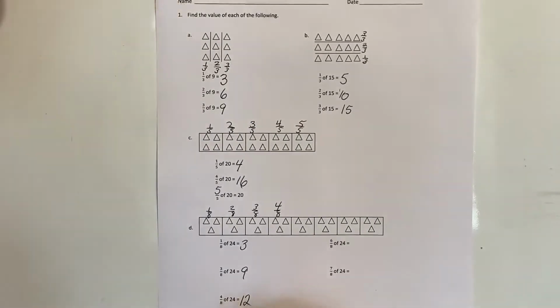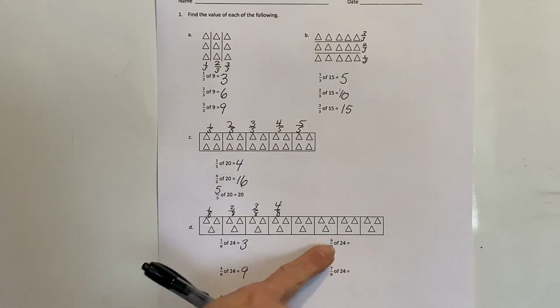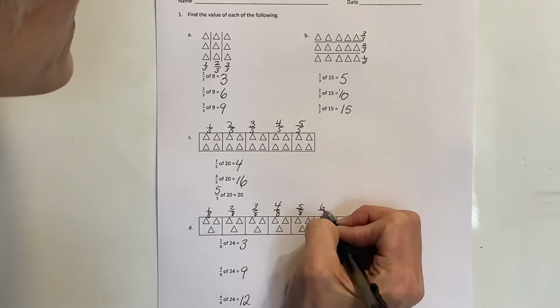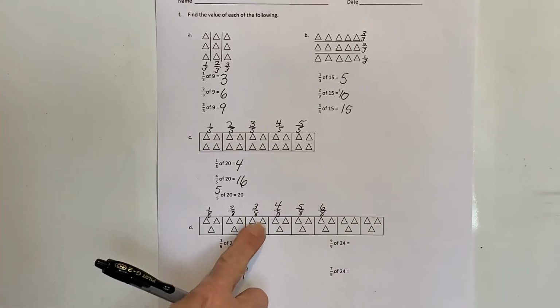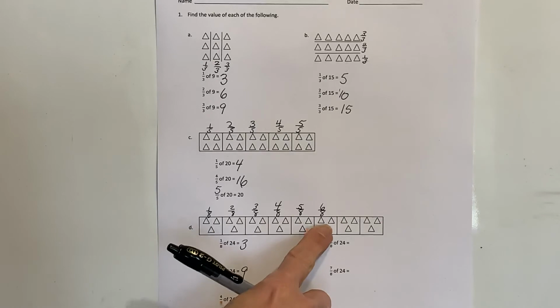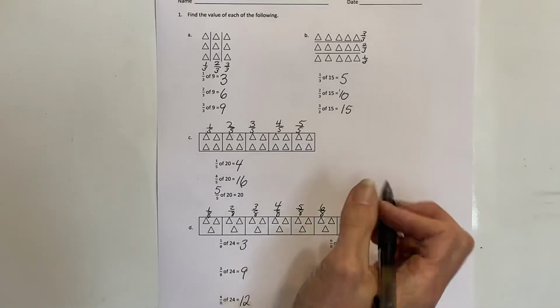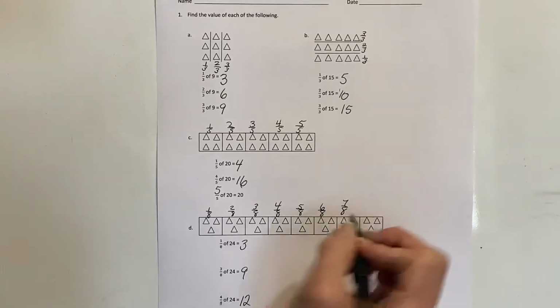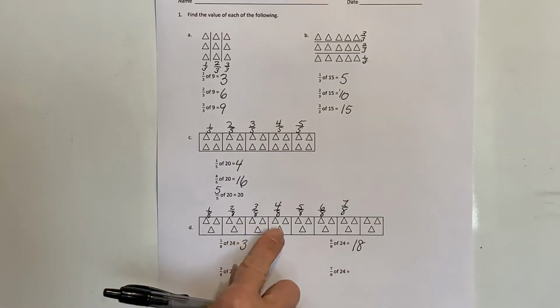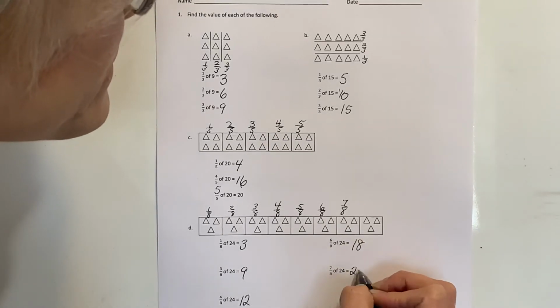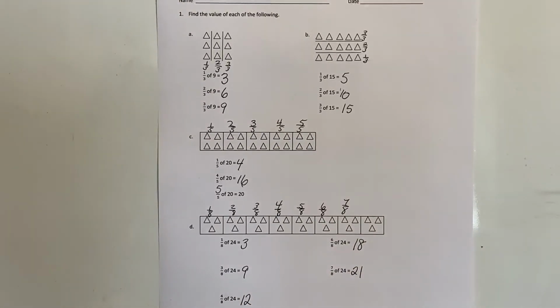So that would give me 12 counters. So 6/8. We've got 5/8, 6/8. 3, 6, 9, 12, 15, 18. So that would give me 18 counters. 7/8. 3, 6, 9, 12, 15, 18, 21. All right.